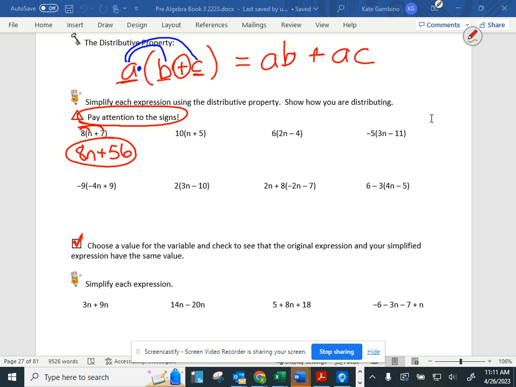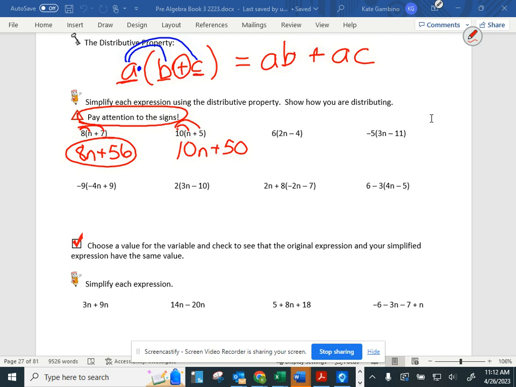So you're taking what's right outside of the parentheses and you're multiplying it through. So I'm going to take my 10 that is outside my parentheses, and I'm going to multiply it by the first term that's inside that parentheses, 10 times n. My operation I'm going to keep the same, and then 10 times 5, which is 50.